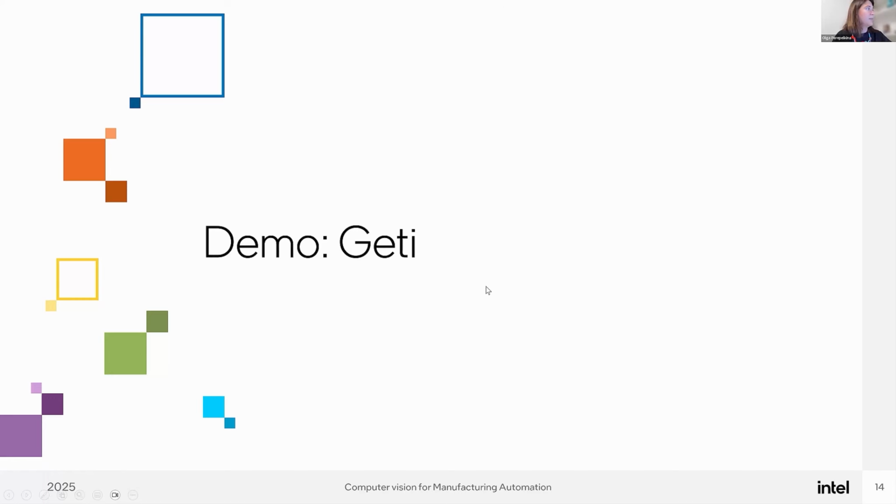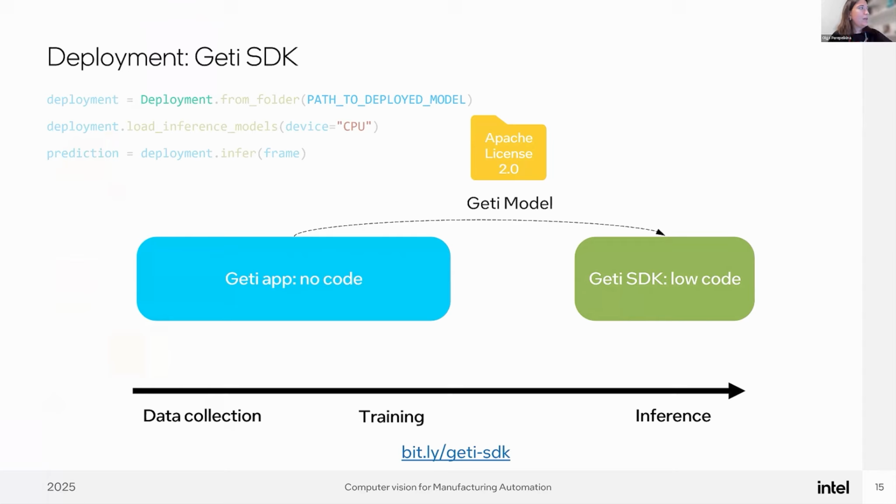Okay, amazing. So what I just quickly showed, I wish I had a bit more time. You develop the model, no code, in the Getty application, and then you get your model, and with low code, it's very simple. You deploy the inference on your edge device.